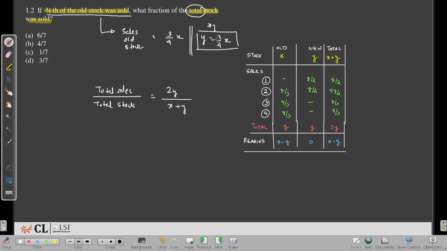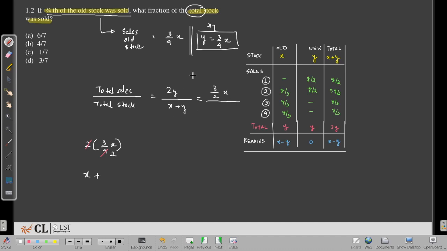Now here we can put y equal to 3/4 of x. Let's take the numerator, 2 times y, which is 2 times 3/4 of x, and the 2s cancel, so that will be 3 by 2 times x. The numerator becomes 3 by 2 times x, divided by the denominator x plus y.